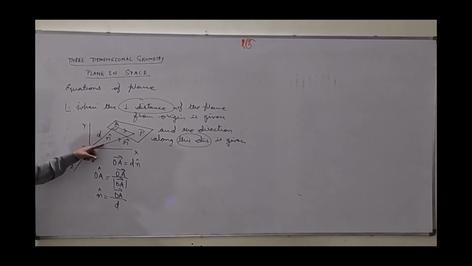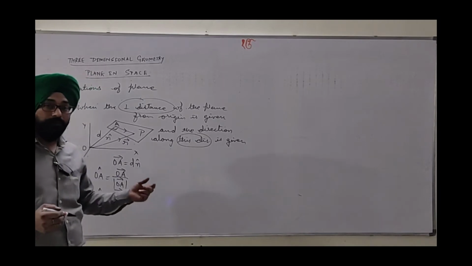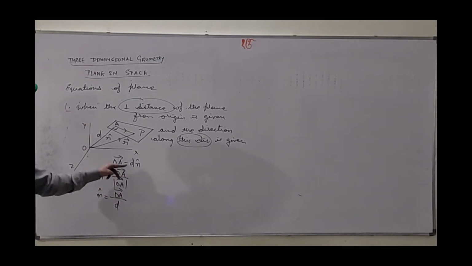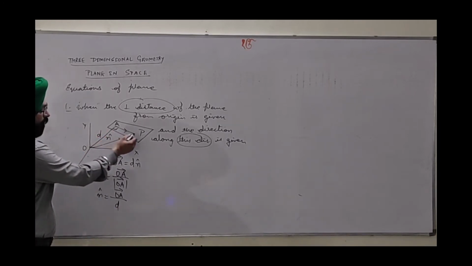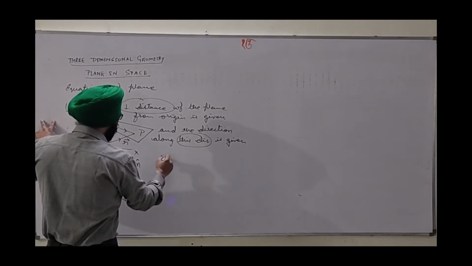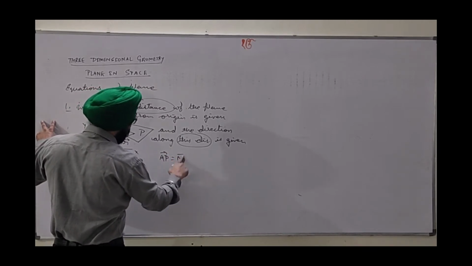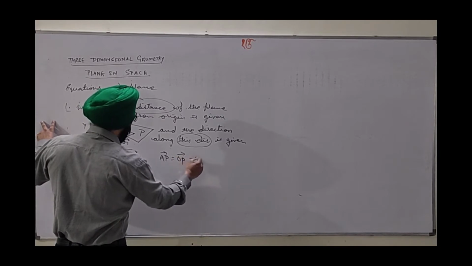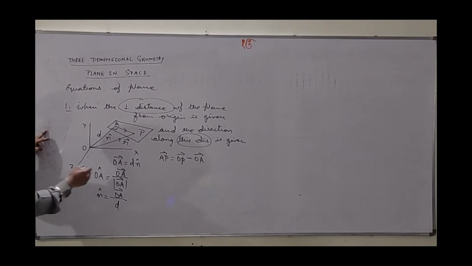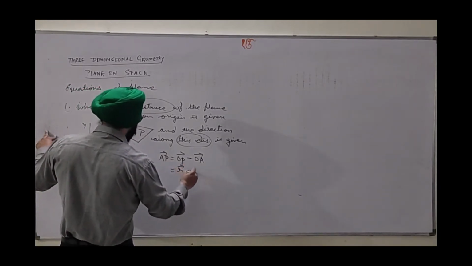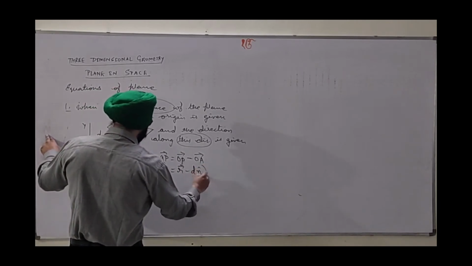This information is intentionally given; whenever a condition is given, we have to use it to find the position vector of A as OA equal to d n cap. Now we have the position vectors of A and P both. That's why vector AP will be OP minus OA, always terminal point first. Now OP is the vector r, minus OA, which we have obtained as d n cap.